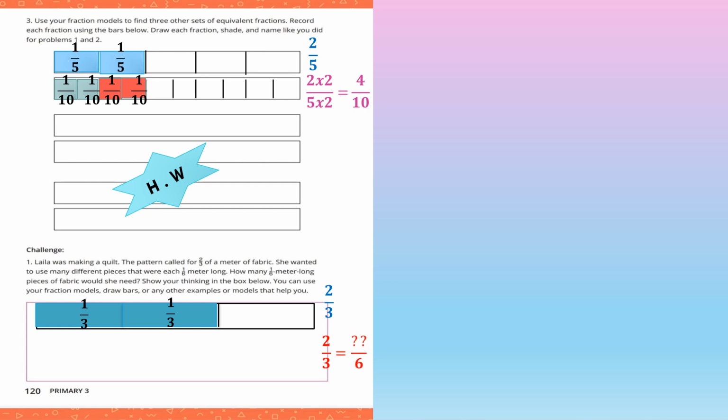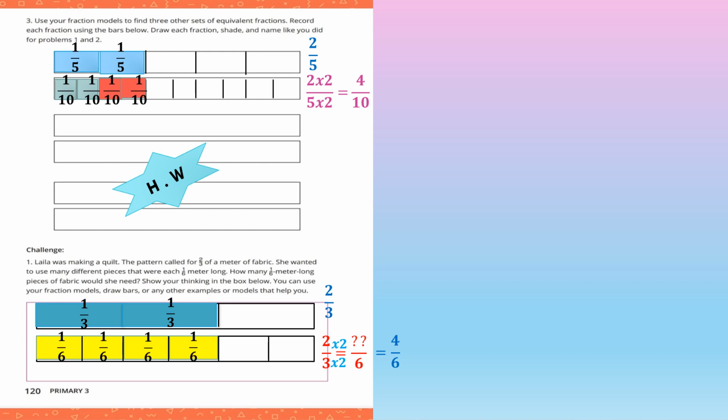So we must multiply the numerator also by 2. 2 times 2 equals 4/6. Let's represent this in the bar. I divide it into 6 equal parts like this and color 4 parts. Each part is 1/6. So she will need 4 pieces.